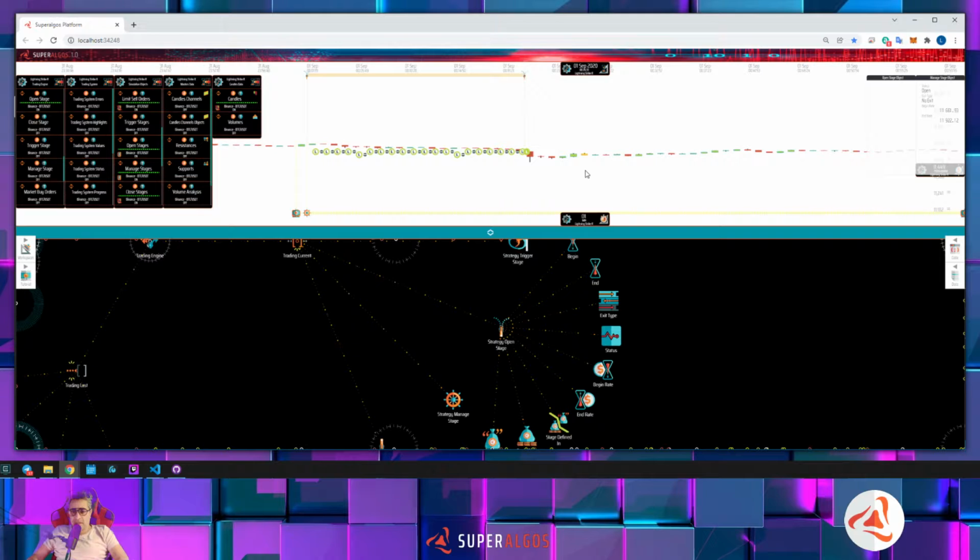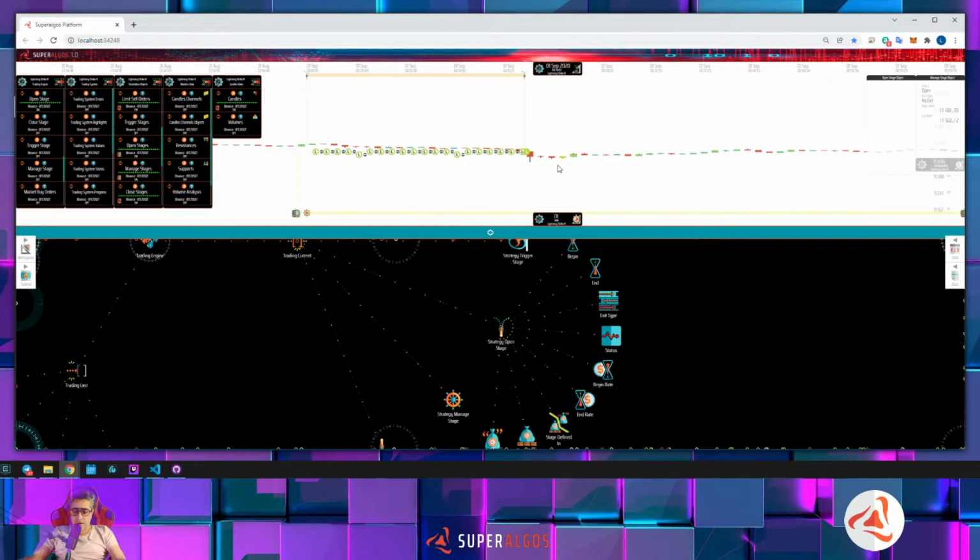Now I'm starting to have some ideas. Closing the open stage doesn't mean that we are going to enter the close stage. Okay? The open stage is the stage where you take the position.